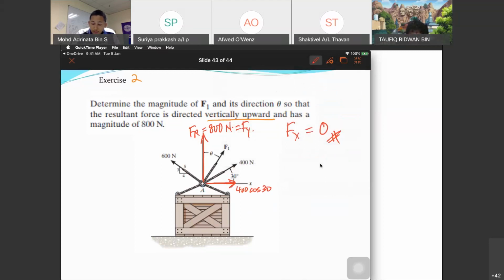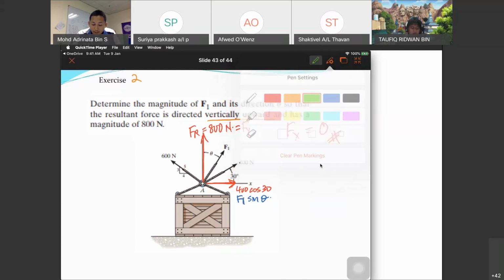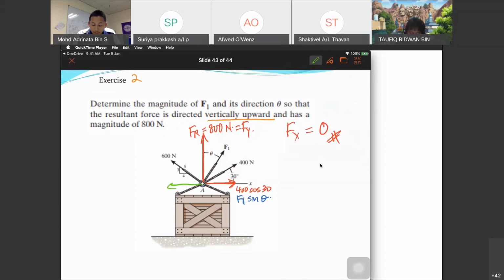So you have F1 sine theta plus, and you have your minus x direction, 4 over 5, 600 Newton. This one should be 0.